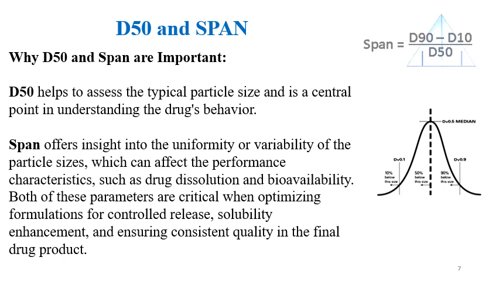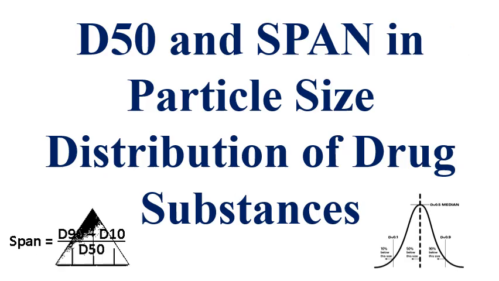Both of these parameters are critical whenever you are optimizing formulations, maybe immediate release, maybe controlled release, whenever you are working on solubility enhancement, thus ensuring consistent quality in the final drug product. So D50 and span values need to be considered for any PSD data whenever you are working on formulation development.